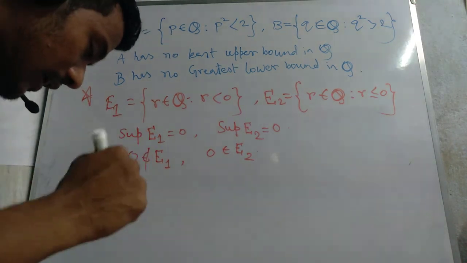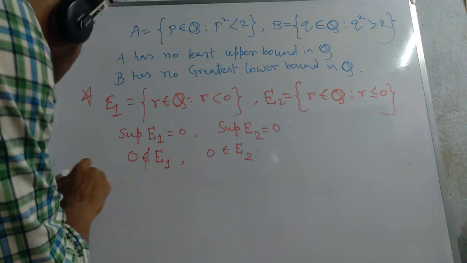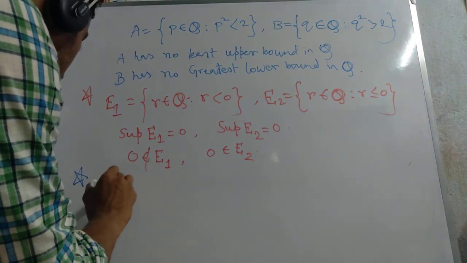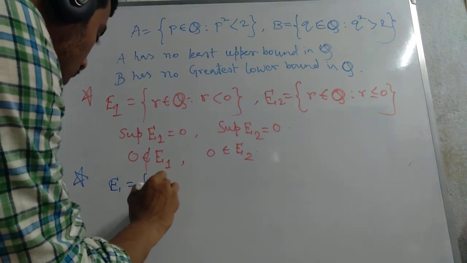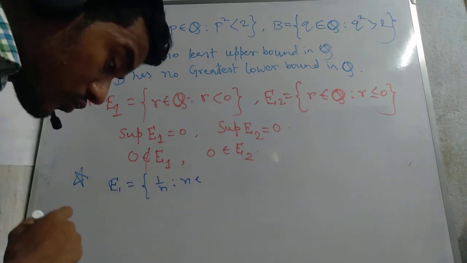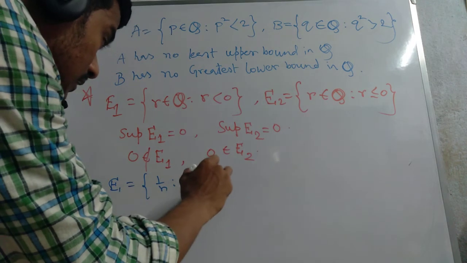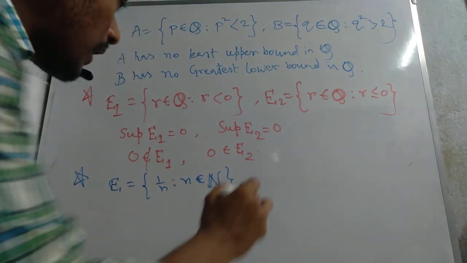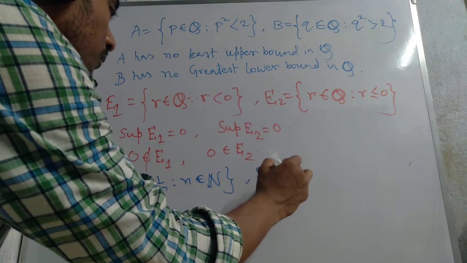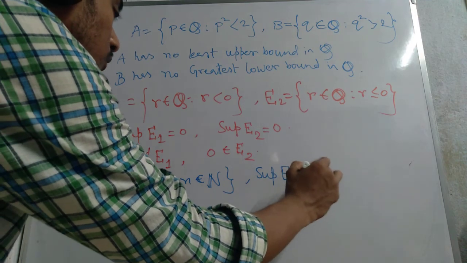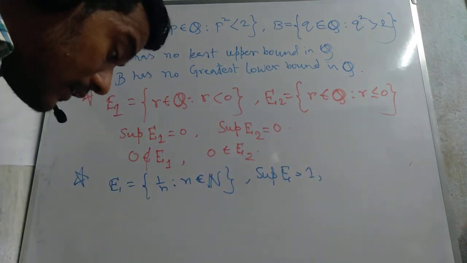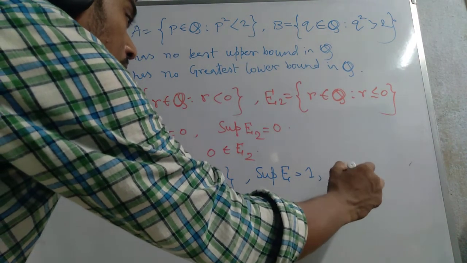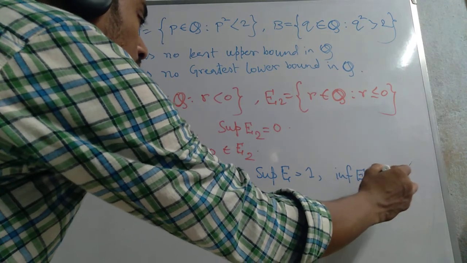We also see another one. Another example: E consists of the numbers 1 by n such that n belongs to the natural numbers. Then we find the supremum of E equals 1 and the infimum of E equals 0.